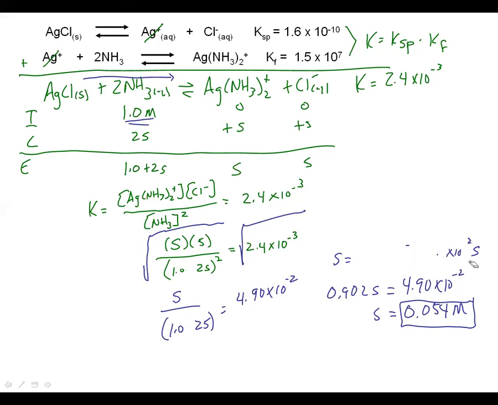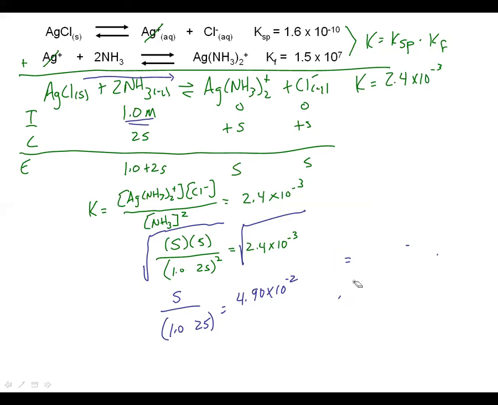So we'll just recalc real quick. Thank you. So yeah, it definitely should be minus 2x in that case. So let's just do a quick recalc here. All right, so this should be minus, that should be minus, which means, again, we should have S is equal to our 4.9 times 10 to the minus 2.